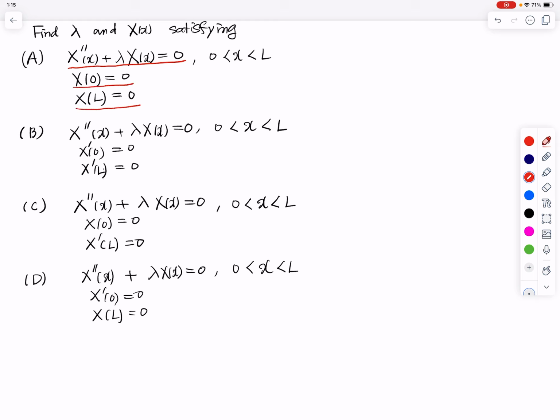Then problem B, we have the same equation, but the boundary conditions are different: x prime(0) equals 0, x prime(l) equals 0. And then problem C is a mix of A and B: x(0) equals 0, x prime(l) equals 0. And then problem D, x prime(0) equals 0, x(l) equals 0. So just slightly different, okay?